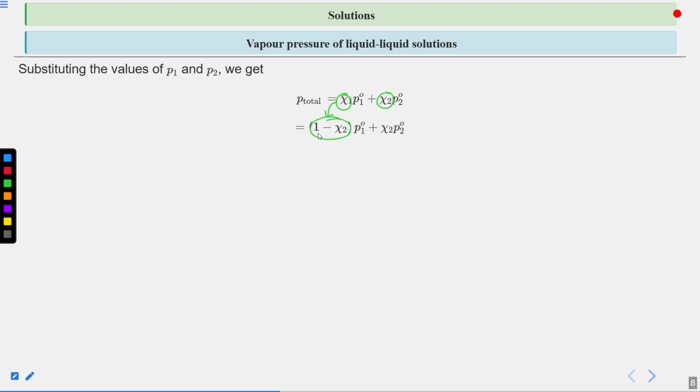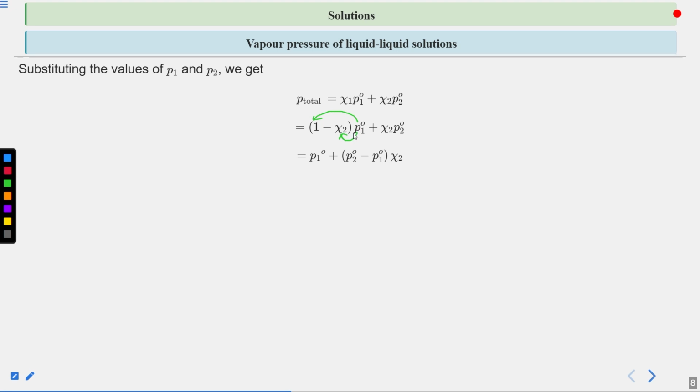Now, simplifying this further will give us P01 plus P02 minus P01 chi2. What have we done in this step? We first multiplied P01 onto 1 and P02 onto chi2. This is very obvious, a simple arithmetic calculation.